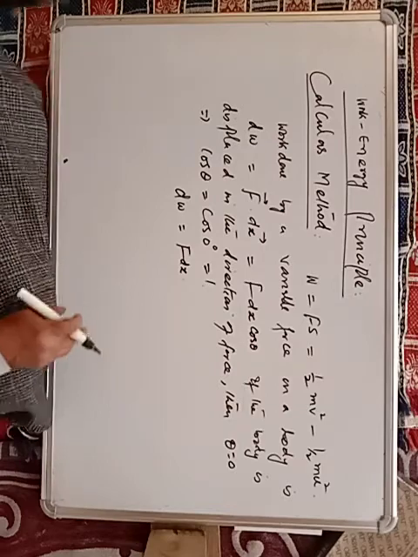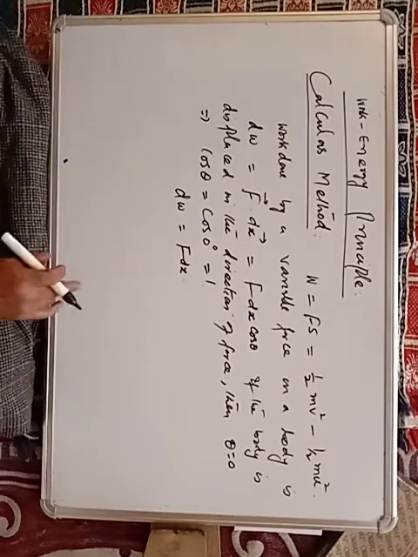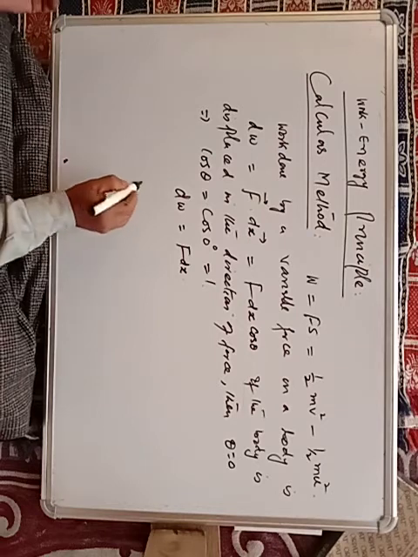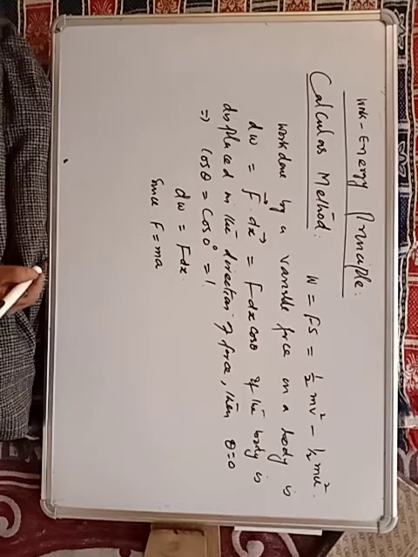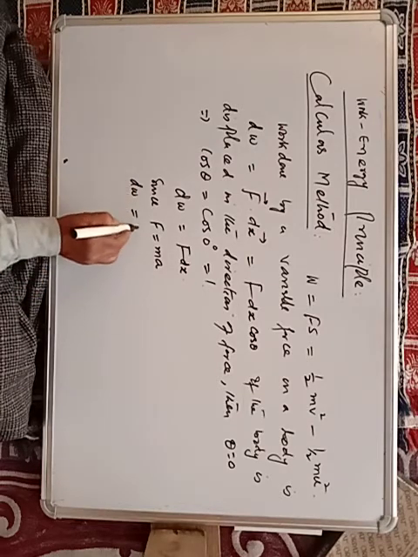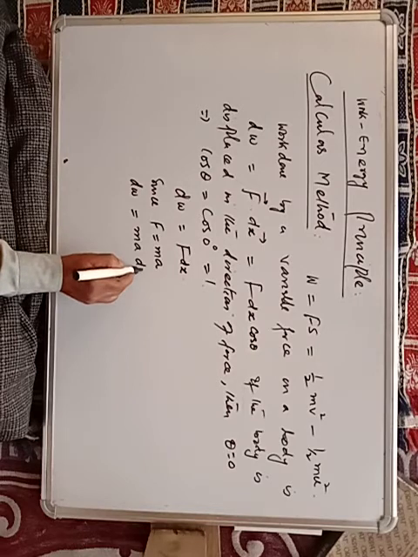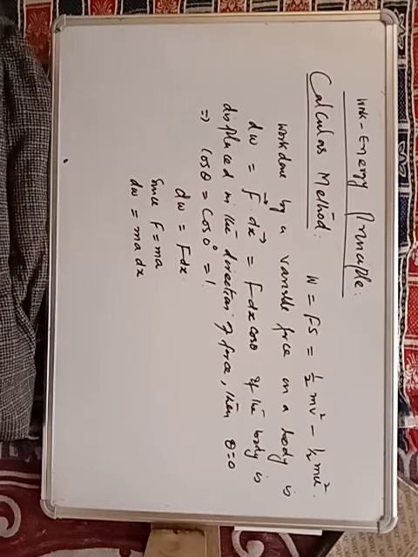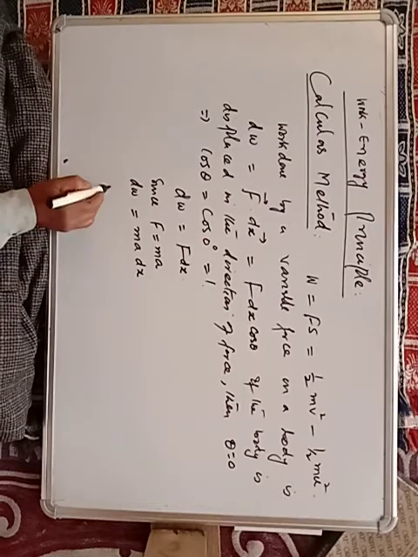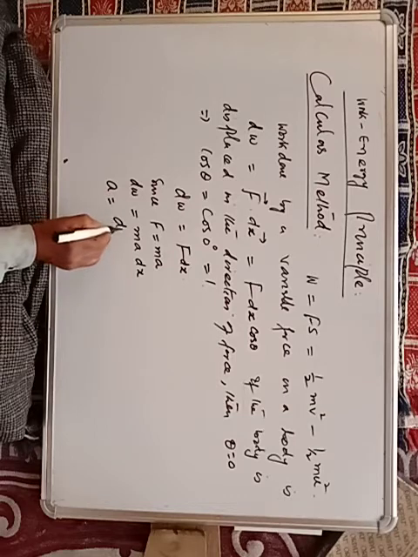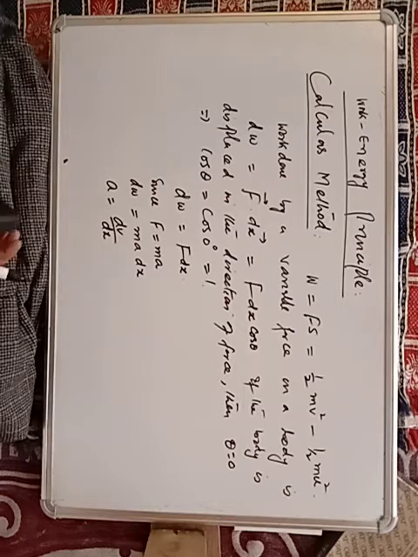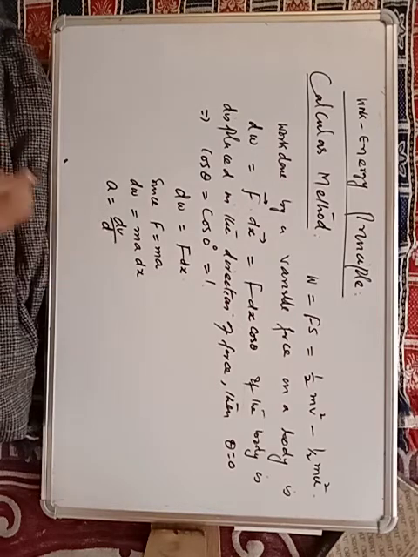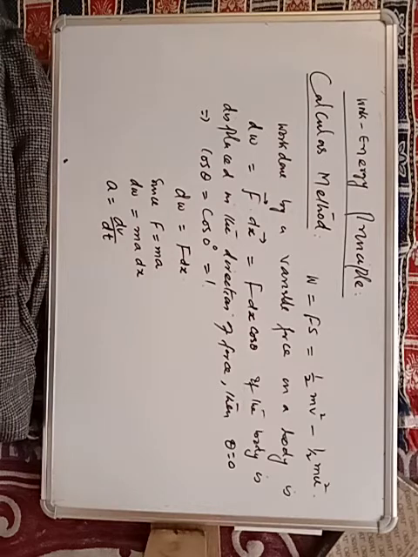Now according to Newton's second law, since F is equal to ma, we can write dW is equal to ma dx, where a is acceleration. Now a is equal to dv divided by dt, the rate of change of velocity.